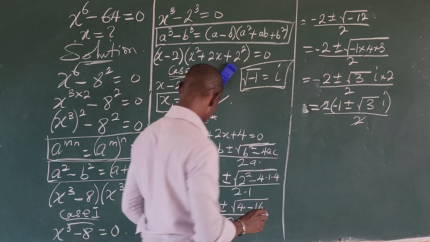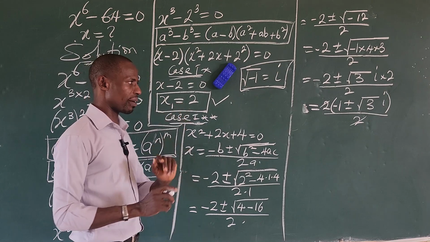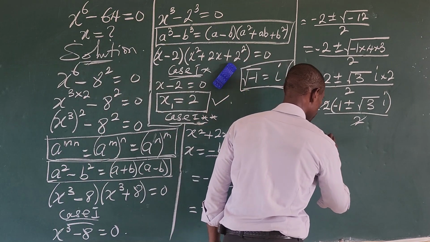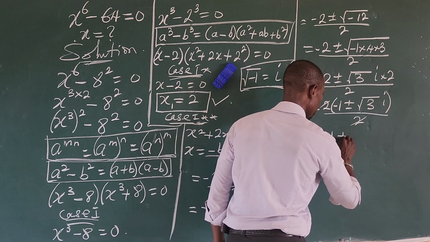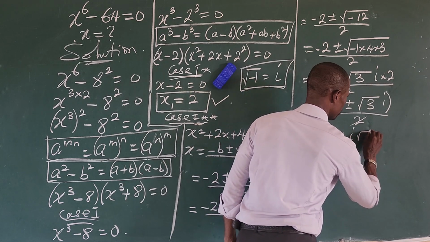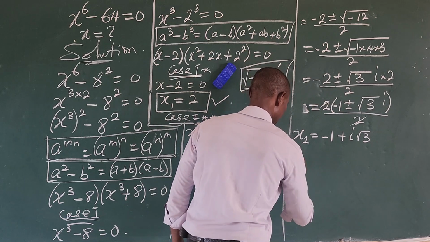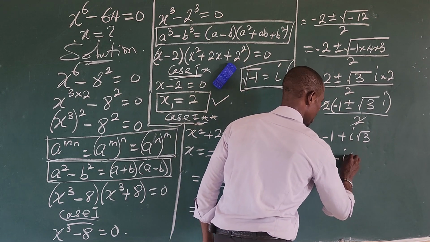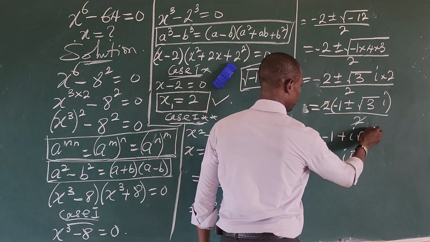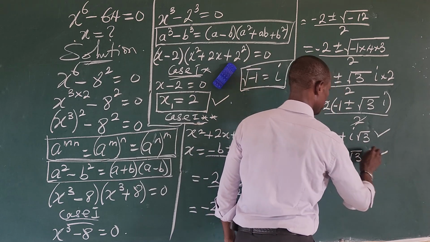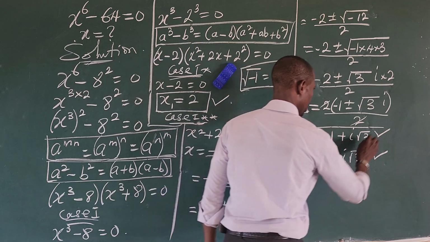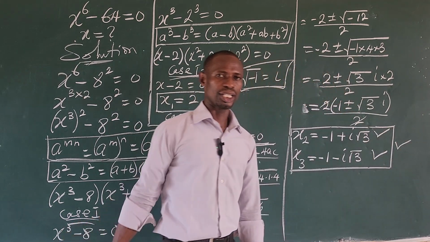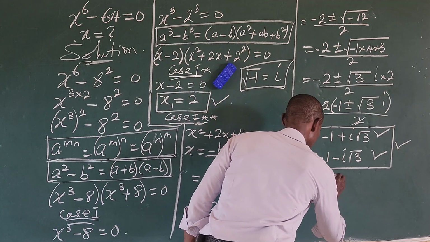So we're going to have our x2 from here because we've gotten our x1. So x2 is equal to minus 1 plus iota root 3, and our x3 will now be equal to minus 1 minus iota root 3. So we've gotten 3 roots from our case 1. So definitely we're going to get 3 roots again from our case 2. So let's take our case 2. So here we have case 2.